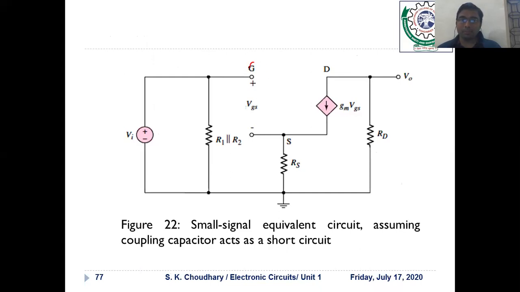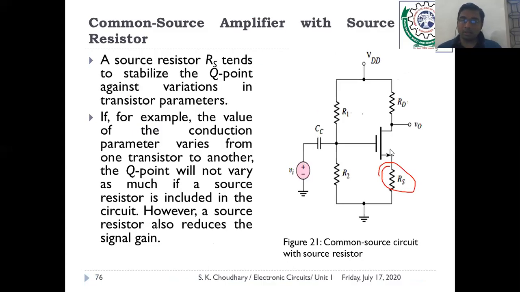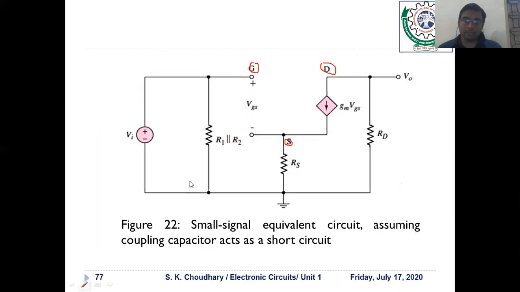For this purpose, you first indicate the gate, then the drain, then at the bottom the source. One more thing, here the source is not ground. Between the source and ground there is a resistor RS. So in this equivalent diagram, we have not connected the source terminal to the ground. There is an RS in between them.